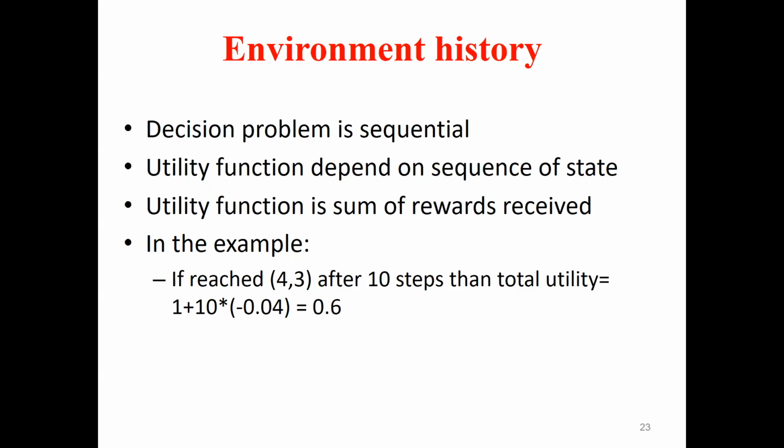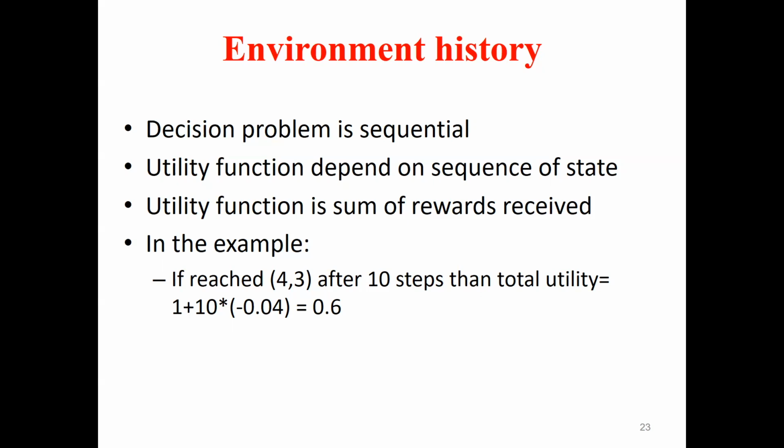So if we take the previous example where the reward for reaching the final state, which was a positive final state, was +1, and for any non-final state was -0.04. In that case, if we say that in 10 steps or 10 attempts, after taking 10 actions, we reach the final state, then what is the total utility? Total utility is nothing but the sum of all the rewards that we have taken.